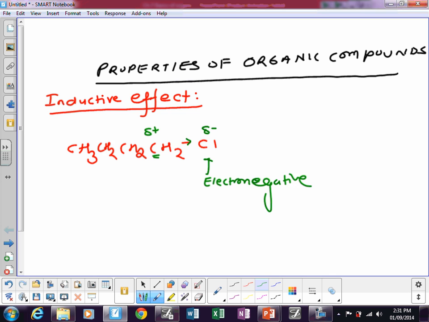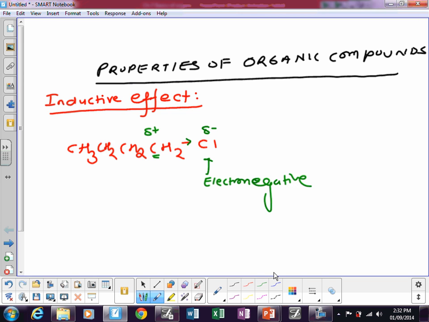We have learned this in chapter number 3. If we have two substances which have different electronegativity, then the higher electronegative substance pulls the electron pair towards itself. And normally halogen group is more electronegative, and chlorine belongs to halogen group. So that's why it pulls the electron pair.